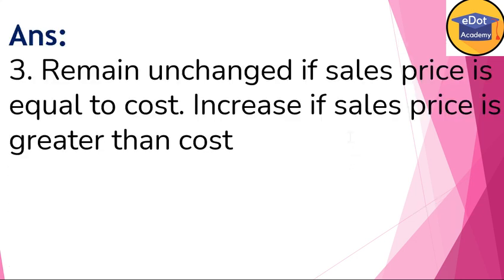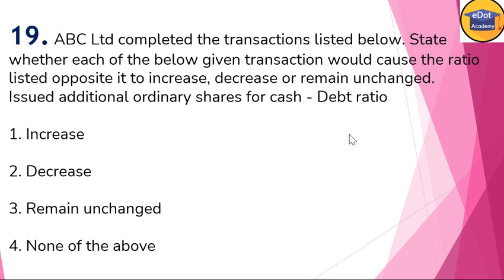Now next, question 19. The data is the same here. Issued additional ordinary shares for cash. They are asking about the debt ratio. What will happen to the debt ratio? The debt ratio formula is total debt divided by total assets.